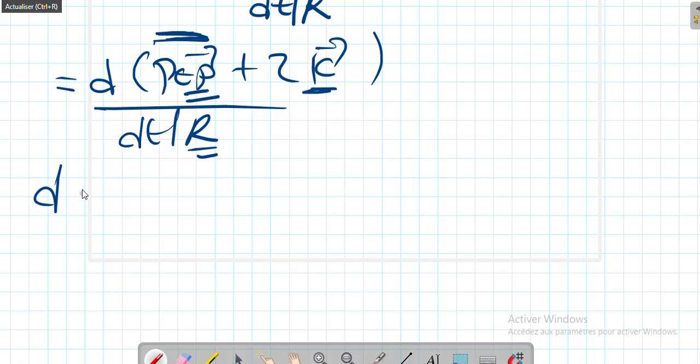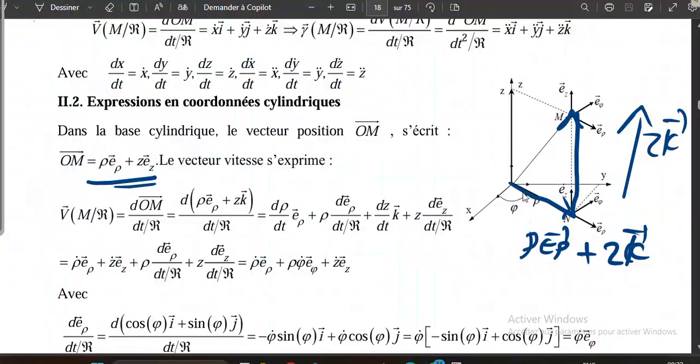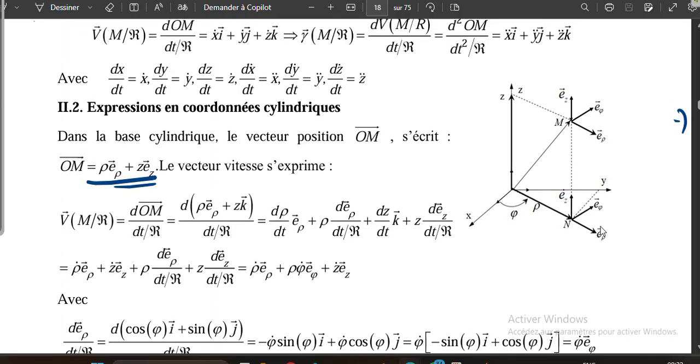So we're going to start with d of rho e rho with respect to t in R. Now, if you followed nicely, even in the videos, I've mentioned that the derivative of a vector, if you want the derivative of e rho, will give us a vector perpendicular to it, that is e phi.